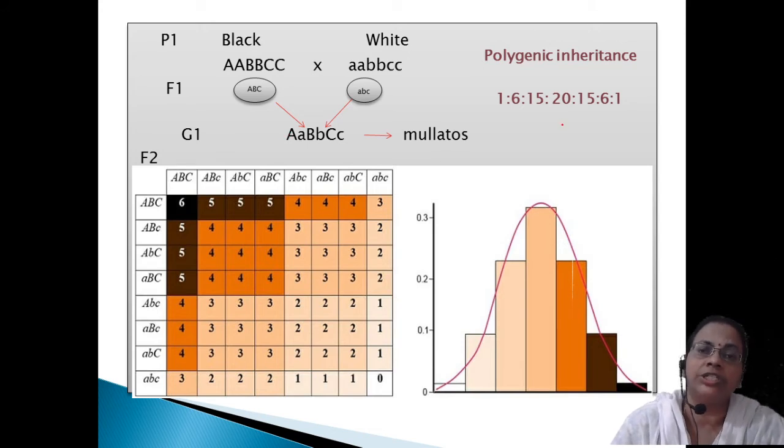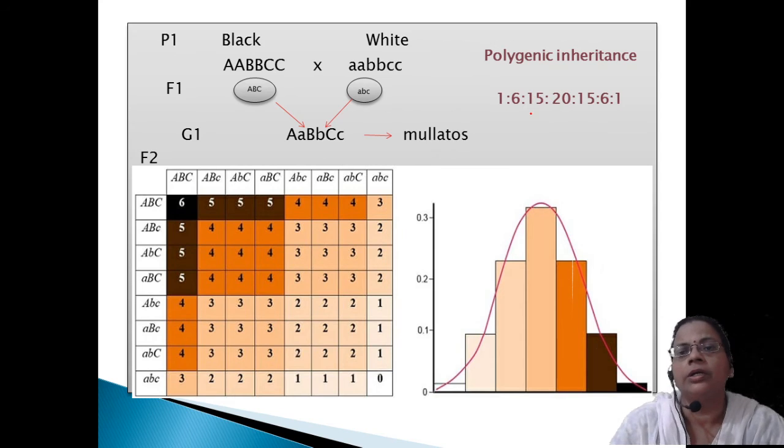And it is an additive effect also, because in this one all the factors are dominant. Then here 1/8 of the melanin will be less, here 2/8 of the melanin will be less, here 3/8 of the melanin will be less.